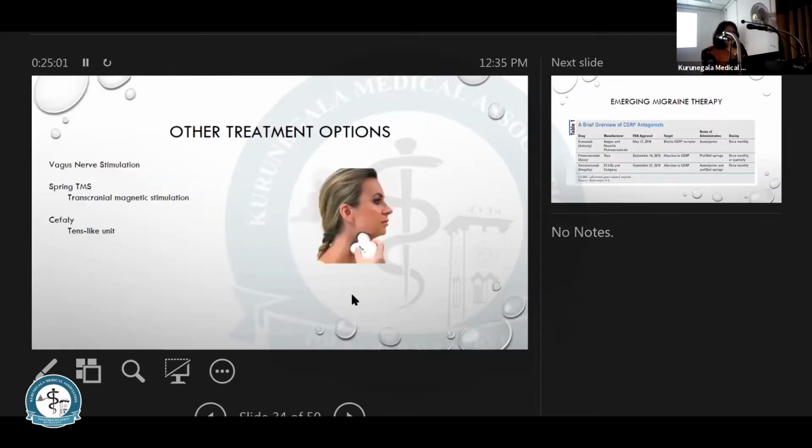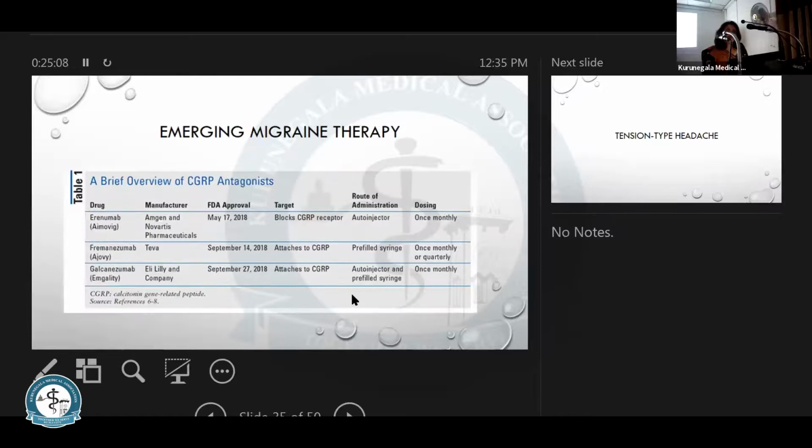And other stimulation methods. And when we talk about neurotherapy, the MABs, CGRP antagonists are coming into play now. CGRP is the calcitonin gene related peptide, one of the neurotransmitters released in migraine.